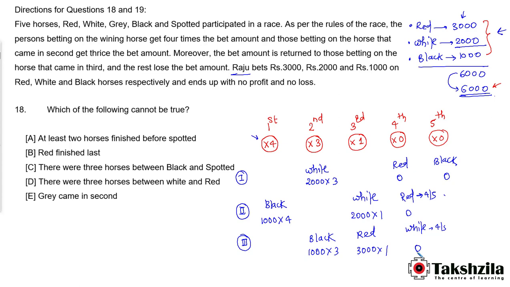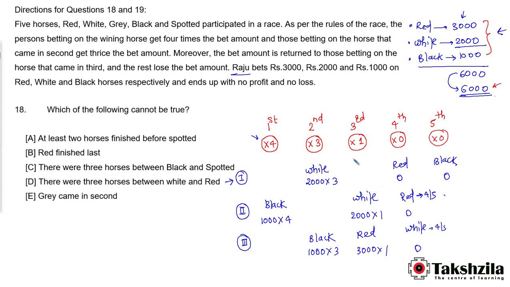If 1000 into 1 is 1000, and then into 3, now look, white multiplied by 3 is the only possibility. So basically white and red now cannot come on first and second position.